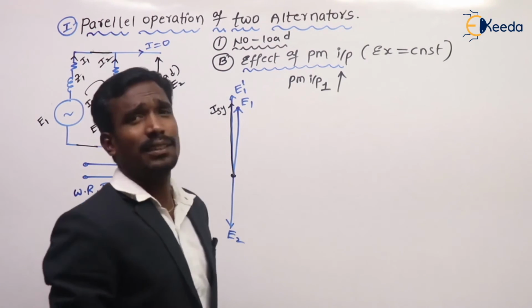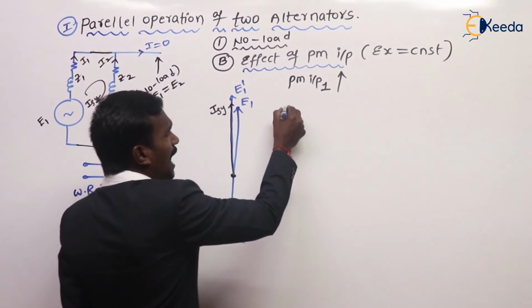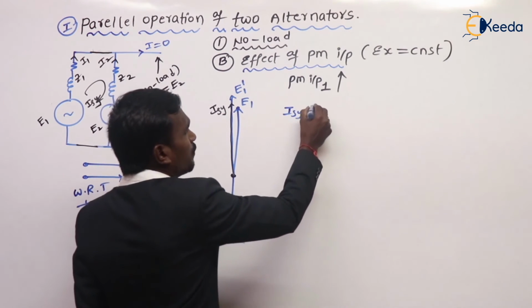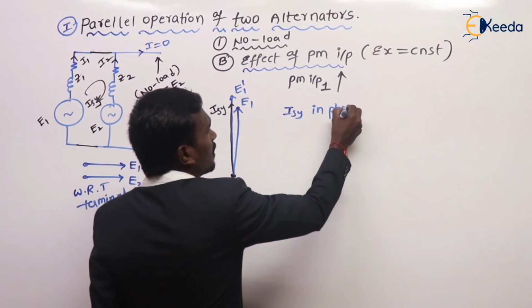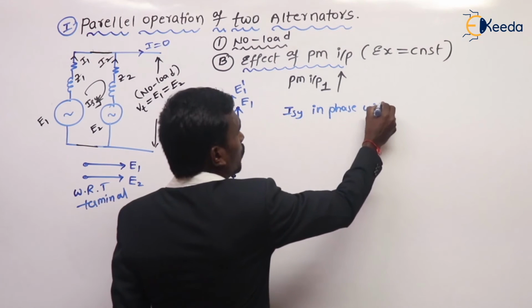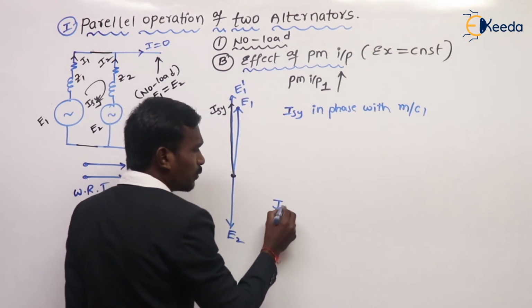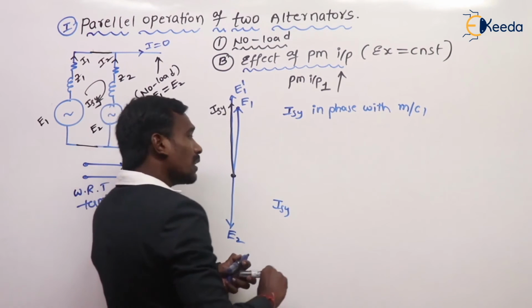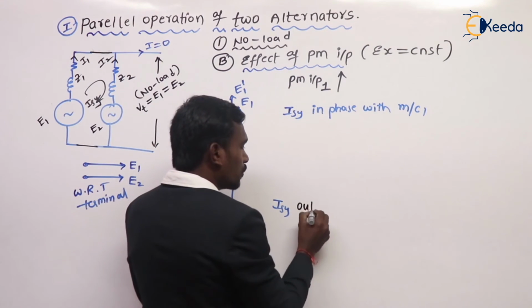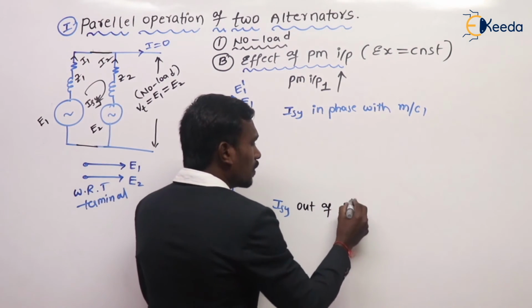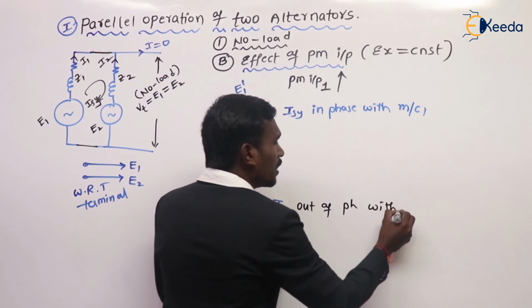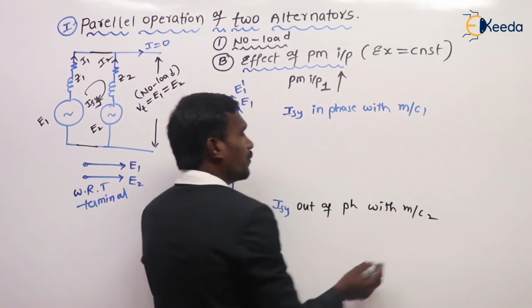According to our vector diagram, this ISY is in phase with machine 1 and this ISY is out of phase with machine 2. This is the first point.